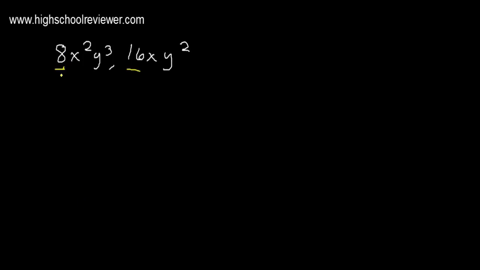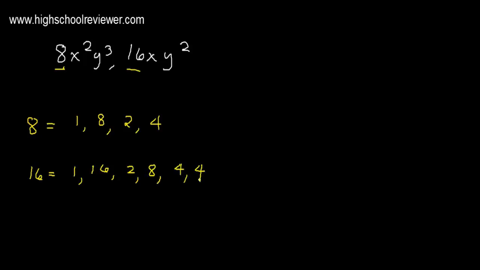First, let us find the factors of 8 and 16. The factors of 8 we have here: 1 multiplied by 8, and we also have 2 multiplied by 4. And for 16 we have 1 multiplied by 16, and then we have 2 multiplied by 8 and 4 multiplied by 4.